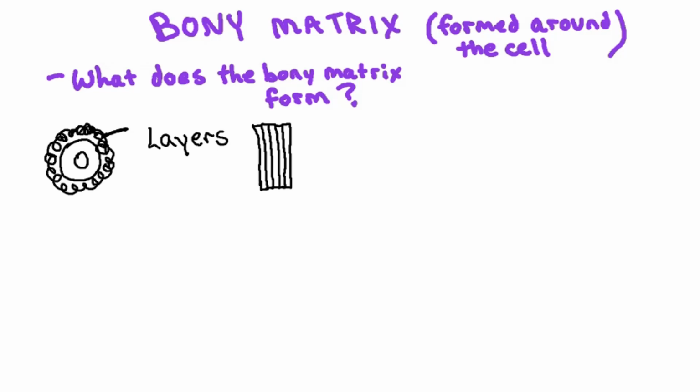The layers are called lamella. When you're talking about lamella, there's usually a modifier word that comes before lamella, so you can know what type of lamella you're talking about, because lamella comes in different forms in the bone.